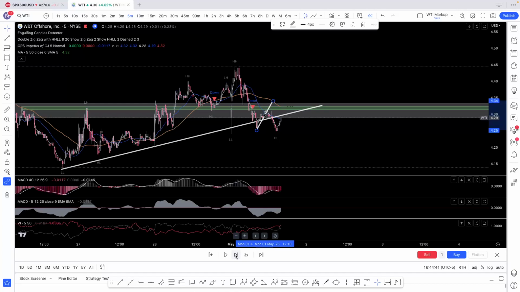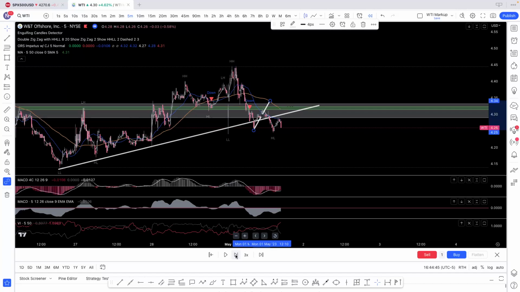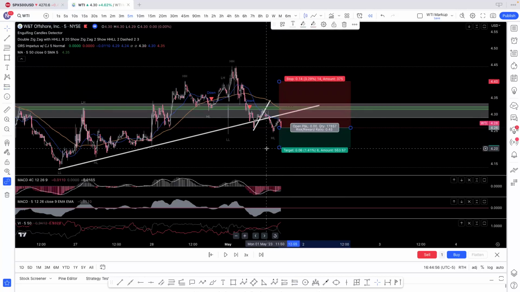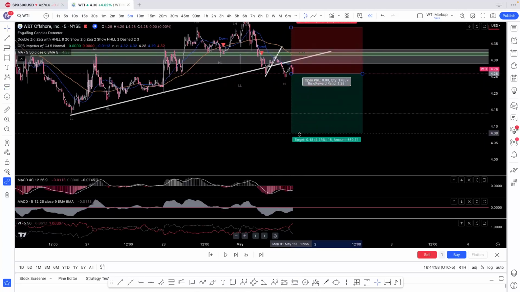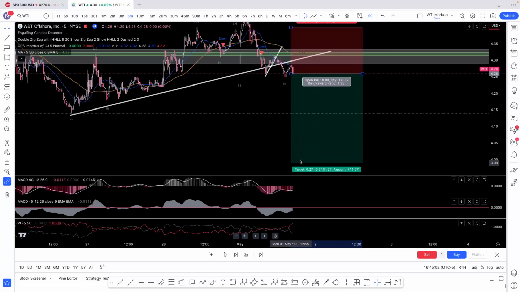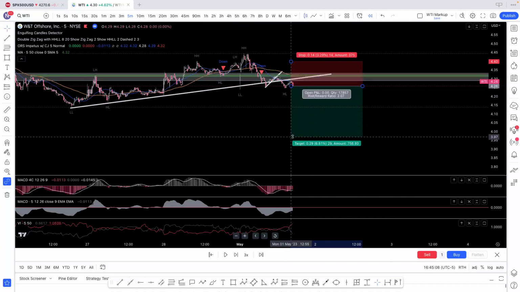Oh, it went back gray. All right, so that's my entry right there. See if I can get it right this time. Third time's a charm, right?